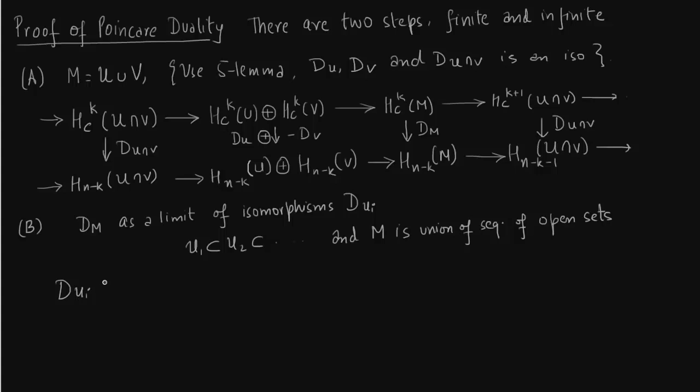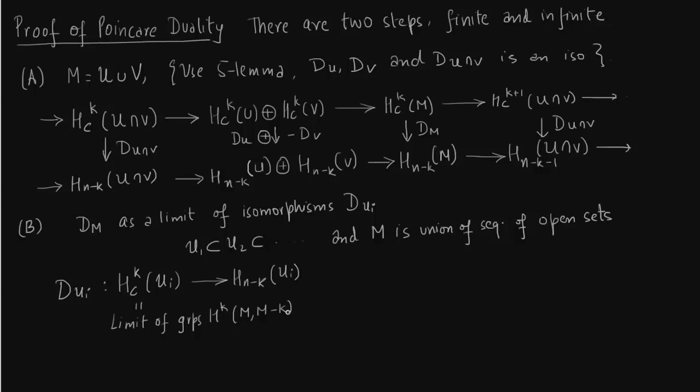Okay, so let us write down one of these dUi. What is this group on the left side? As I said at the start of the slide, these compact cohomology groups, whenever we write C at the bottom, means that we have taken them from a limiting process. Now what is this limiting process which has produced these groups? These groups come from the manifold, that is the relative cohomology group H^k(M, M minus K).